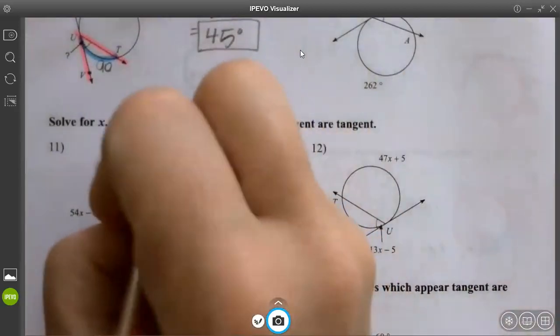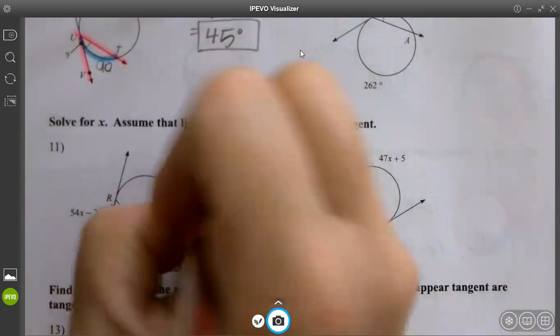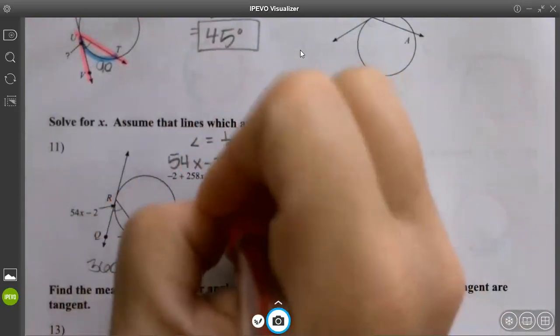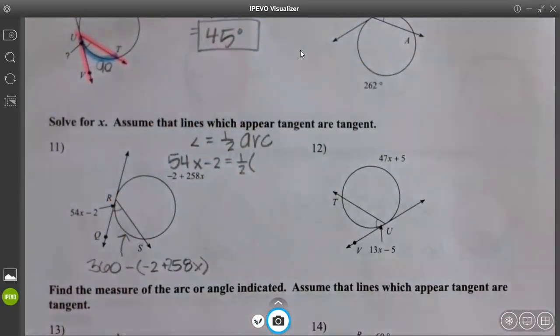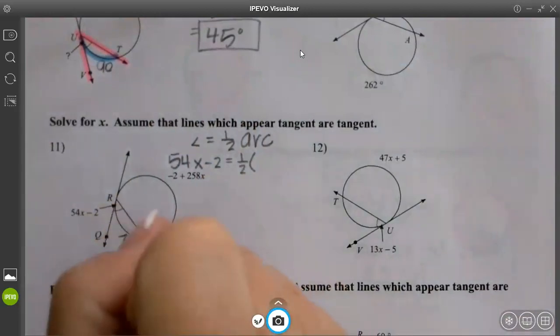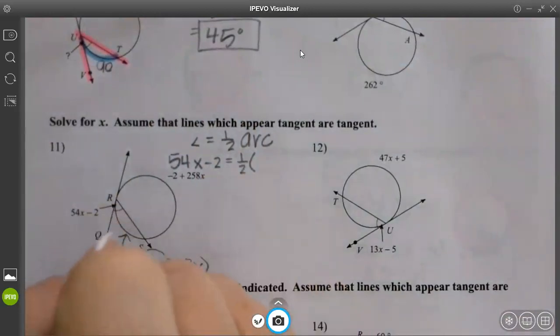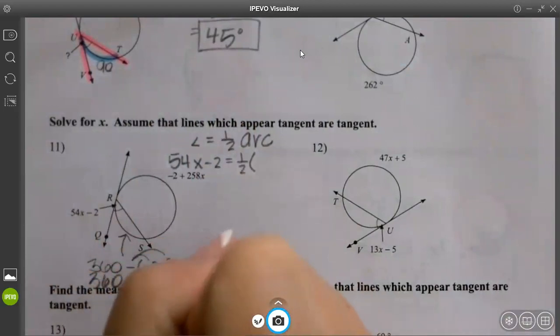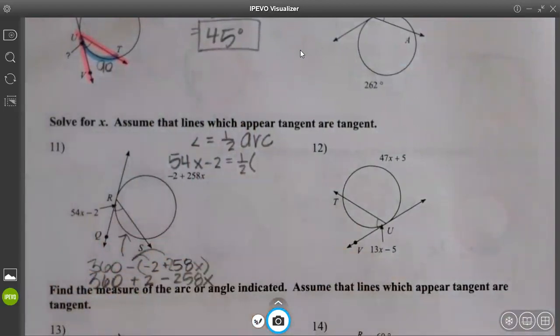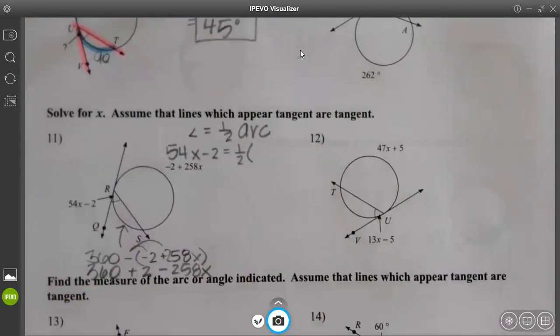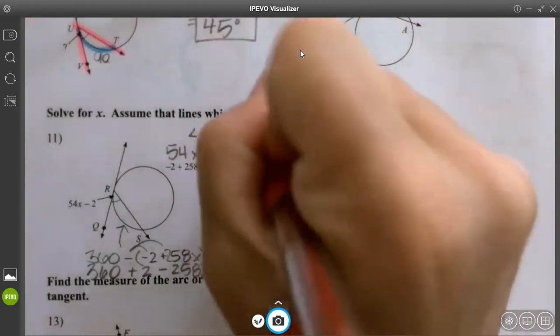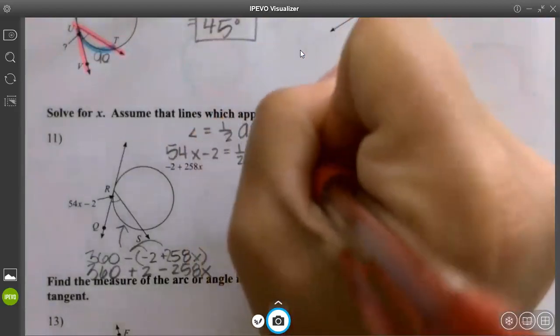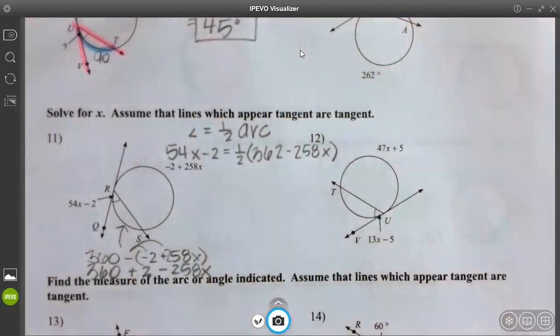Your angle is 54x minus 2. If we distribute this negative, we have 360 plus 2 minus 258x. 360 plus 2 is 362 minus 258x.